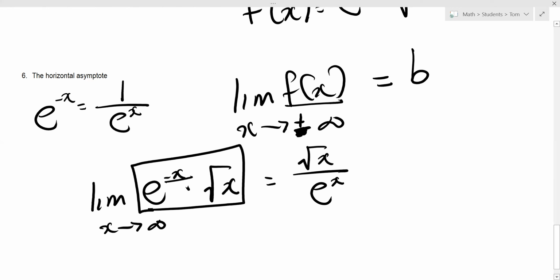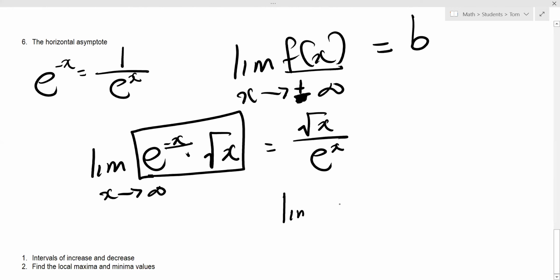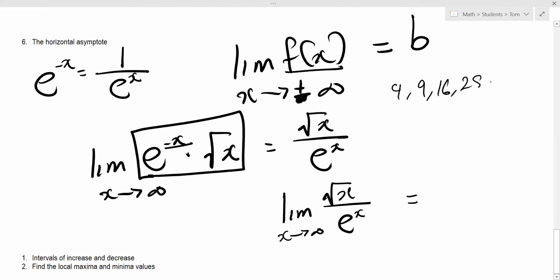So we have the limit of root x over e to the power of x as x approaches infinity. If x gets closer and closer to infinity, the square root of x will also get larger. Just imagine perfect squares: 4, 9, 16, 25, 36.